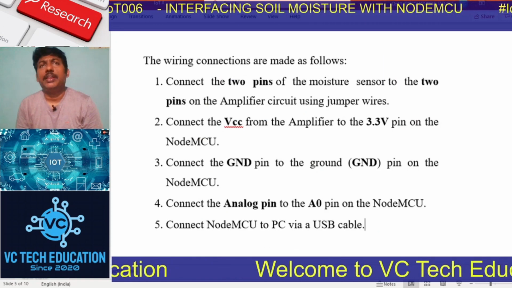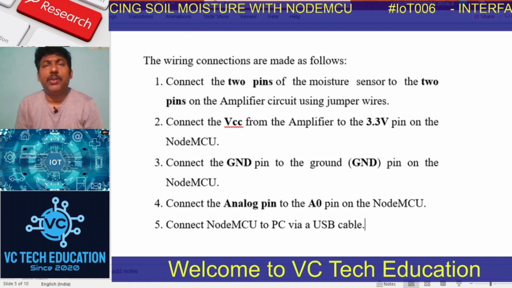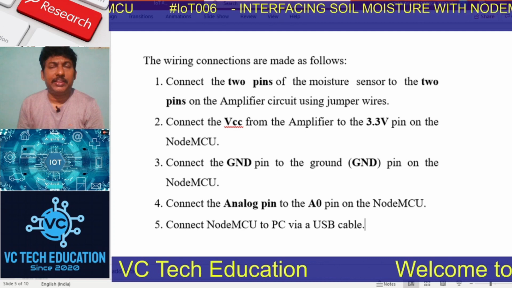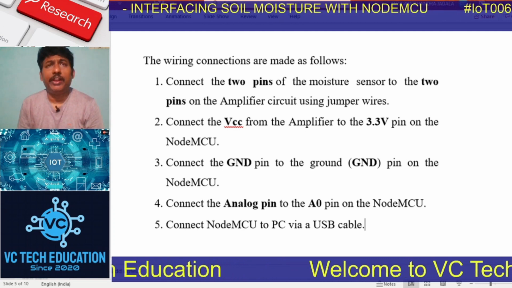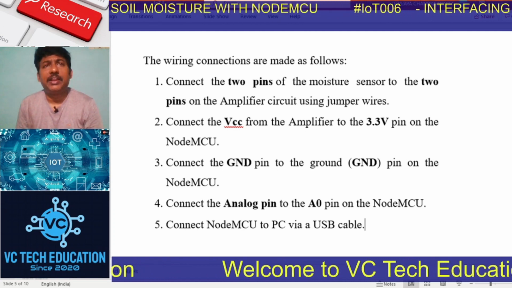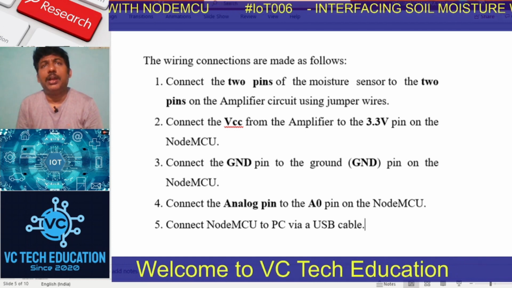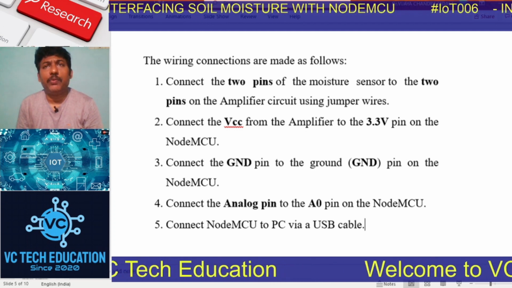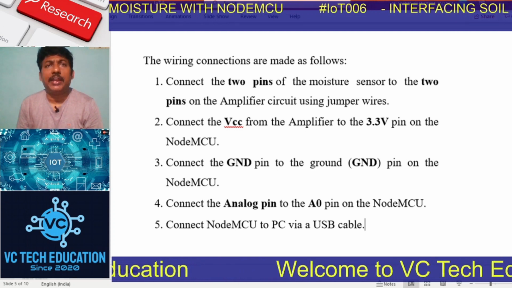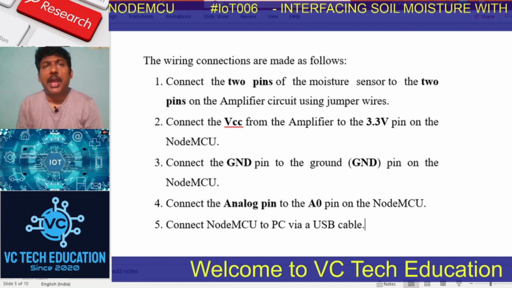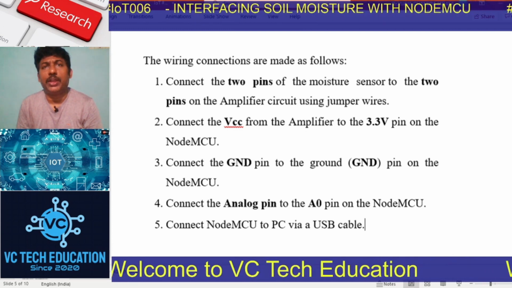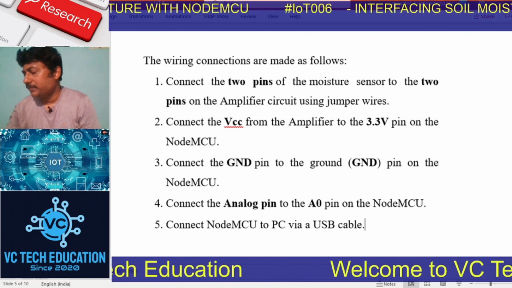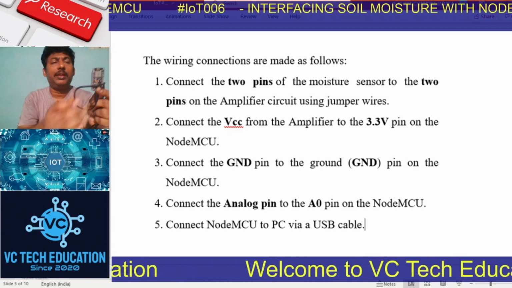Then comes the wiring connection. The soil moisture sensor has two parts: one is the amplifier, another is the probes. These two will be connected through wires. On the amplifier circuit, VCC will be connected to the 3.3 volts pin of Nodemcu, ground will be connected to ground, and the analog pin will be connected to the AO pin.